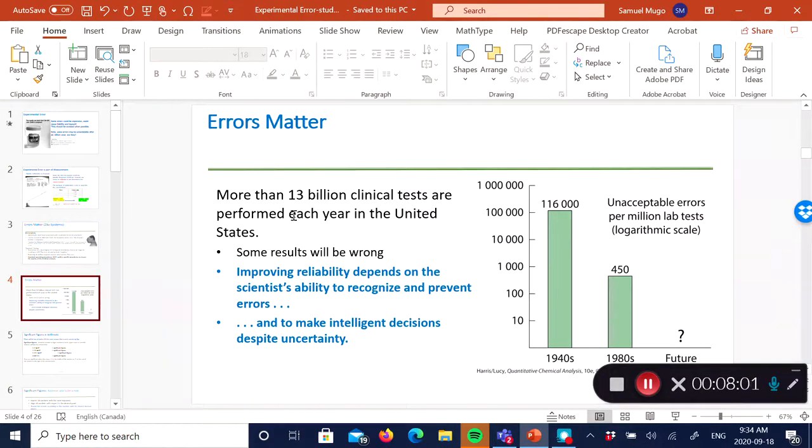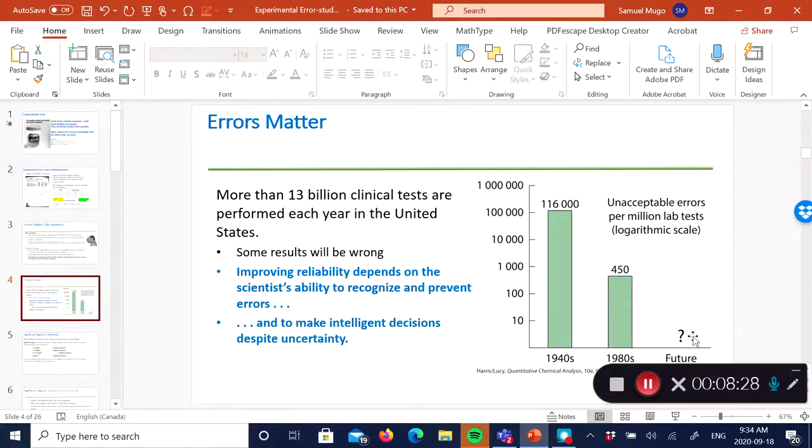For example, in the States, every year you've got up to 13 billion clinical tests. And using this logarithmic scale, you can see that over time, we have reduced the number of errors in the lab tests, because of the standard operating procedures that these labs have to abide by.